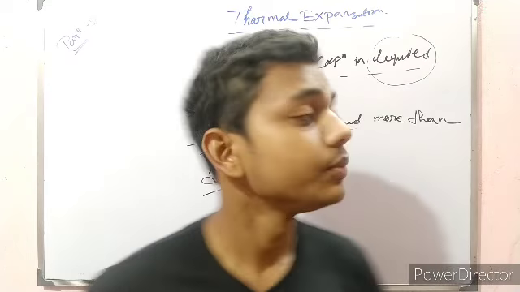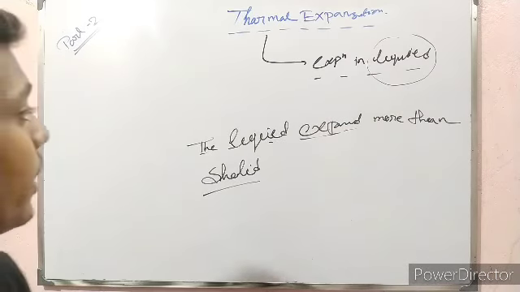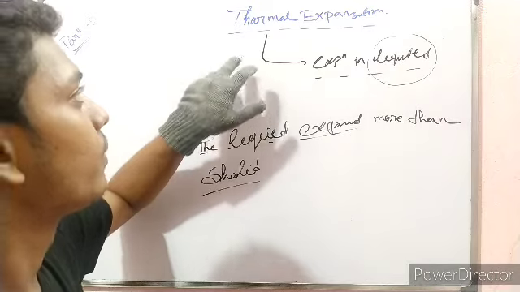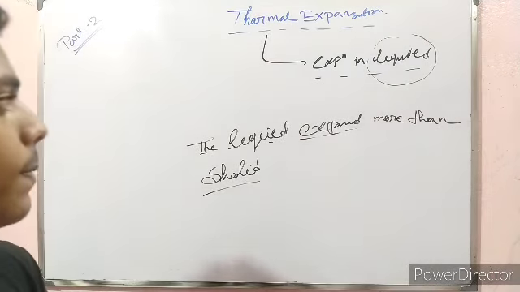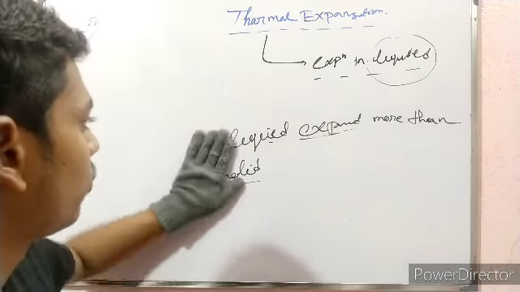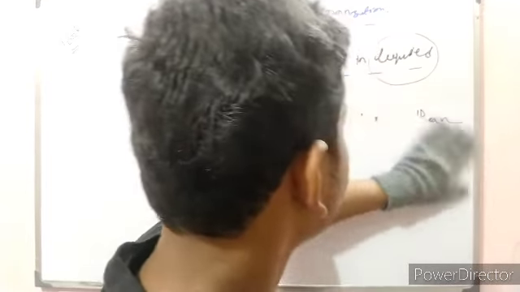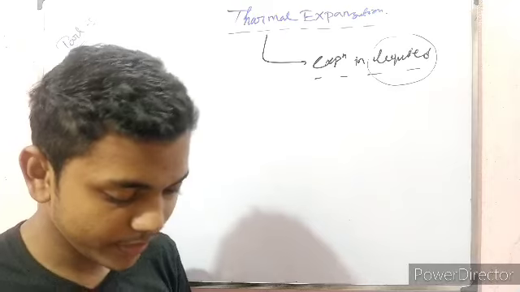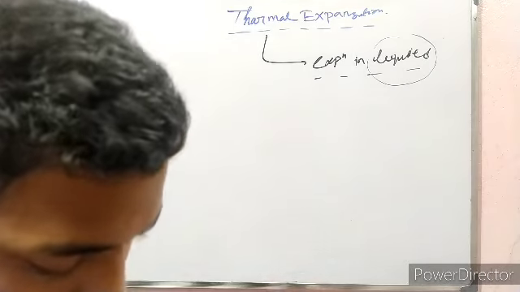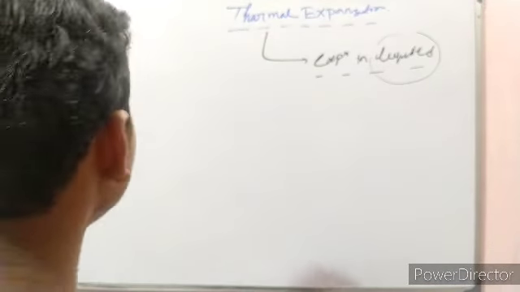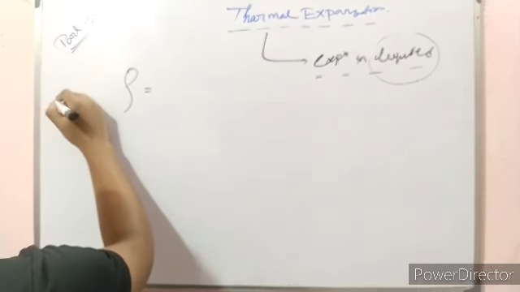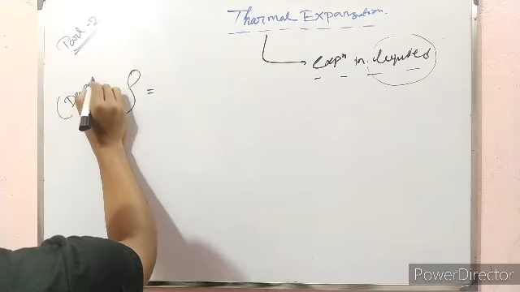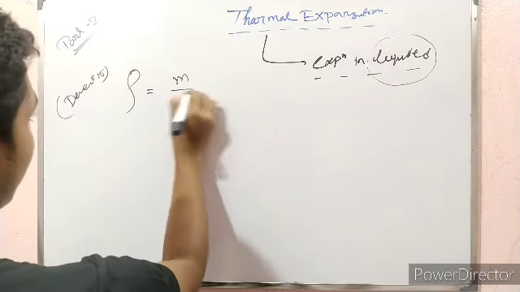Now, another thing we can know is the coefficient of thermal expansion, but we can do something else with this. Some basic things: rho means the density, which is equal to mass per volume.